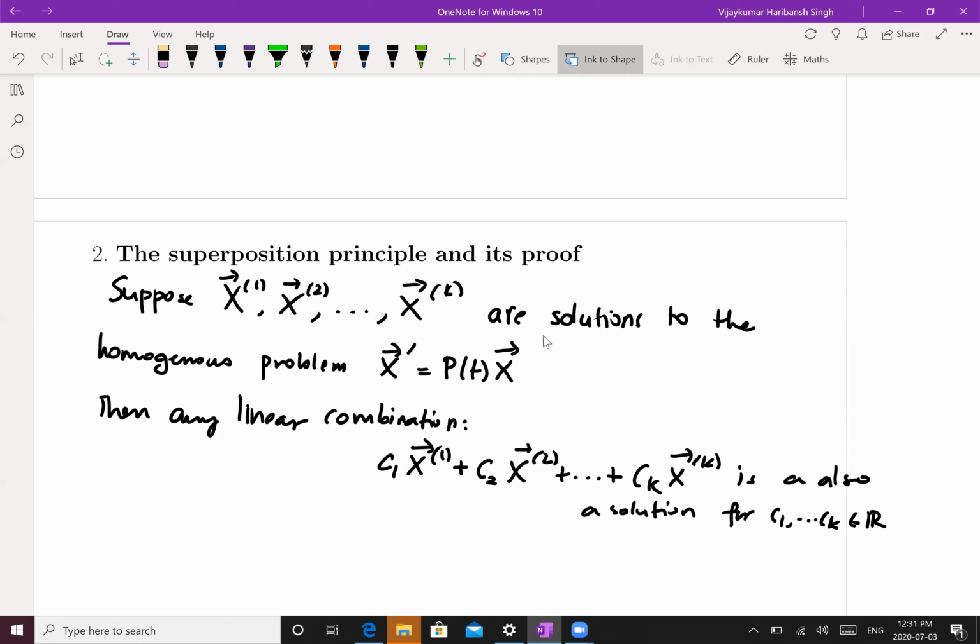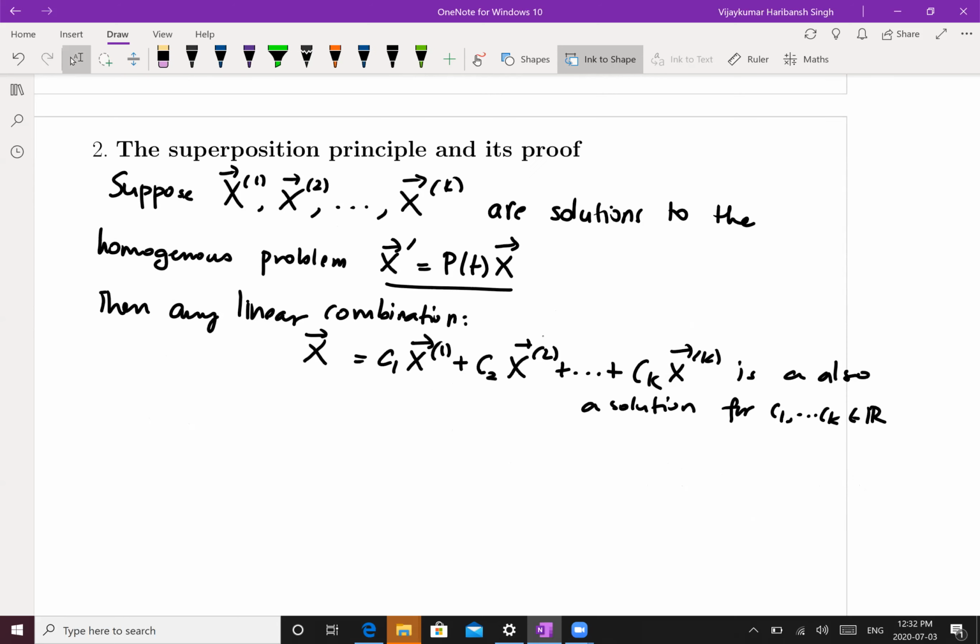Let's call this X and see that this indeed satisfies the differential equation, given that x1, x2, up to xk satisfy this homogeneous problem. The proof is by direct calculation.